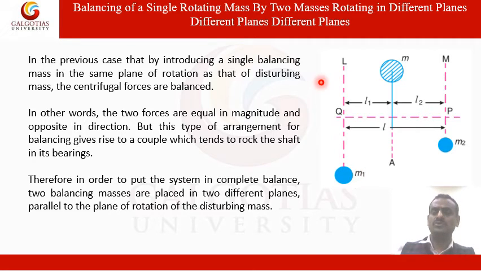The centrifugal force produced by the disturbing mass m will be balanced by the centrifugal force produced by m1 as well as the centrifugal force produced by m2. So this type of case is called balancing of a single rotating mass by two masses rotating in different planes.